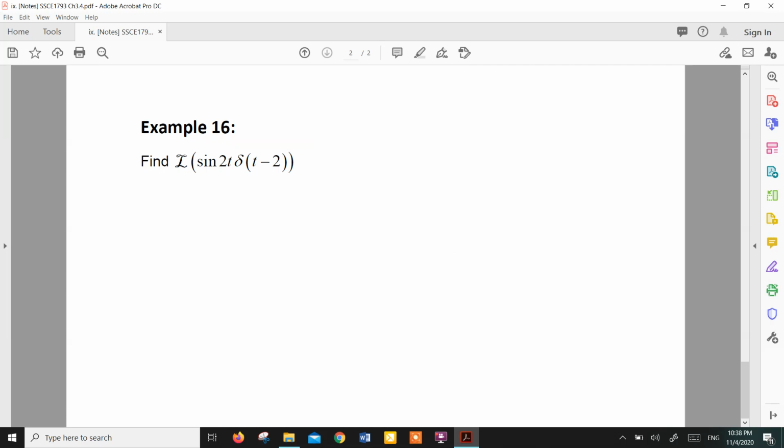Okay, example 16 now. Find the Laplace transform of sine 2t delta(t minus 2). So the same, this is mapped to the Laplace transform of f(t) delta(t minus a) equals to e to the negative as f(a).